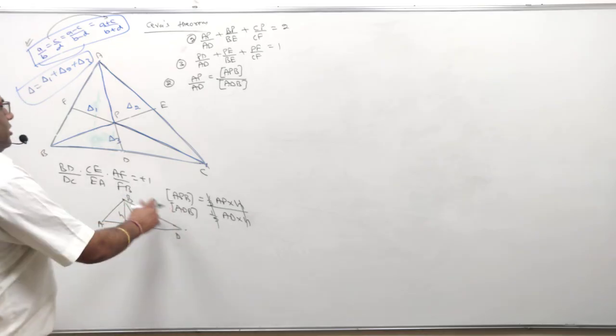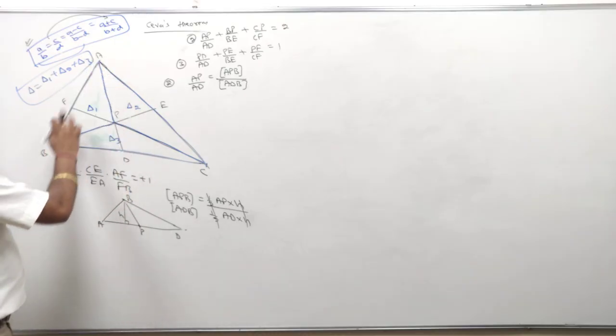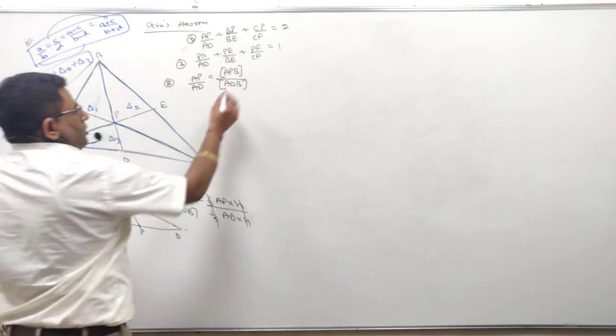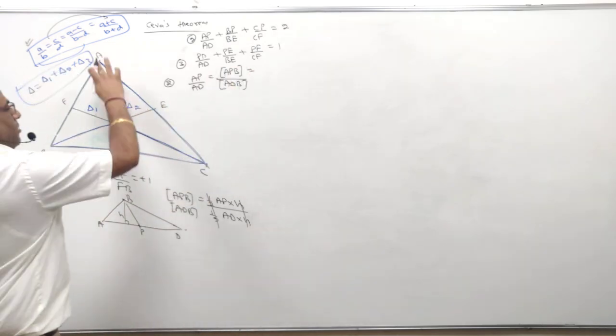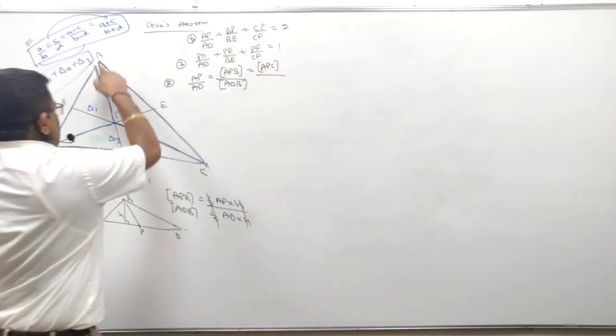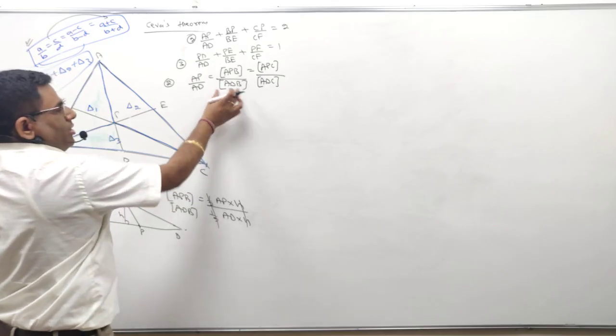So we can use this result here. AP upon AD becomes area of APB upon area of ADB. Now if I see in triangle ADC, AP upon AD becomes area of APC upon area of ADC. I am using this bracket for area.